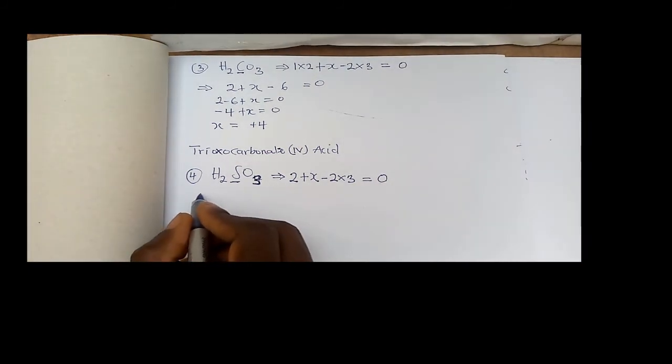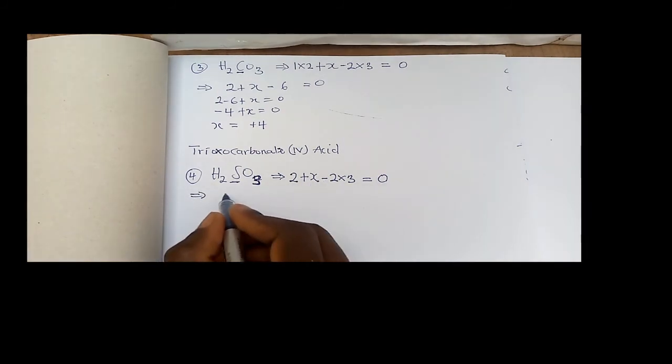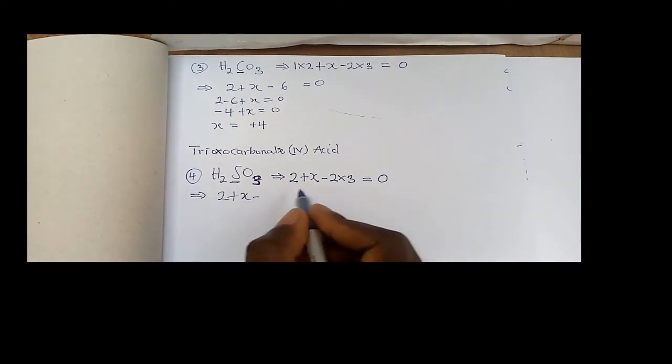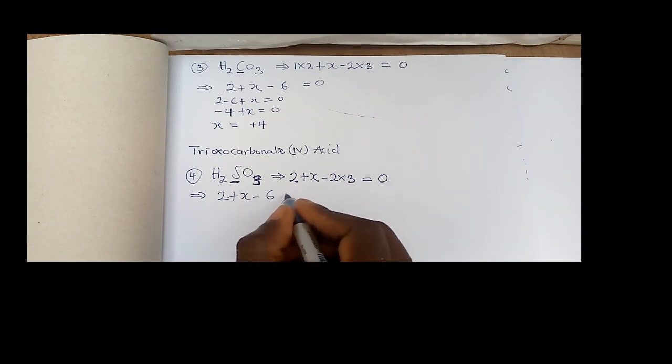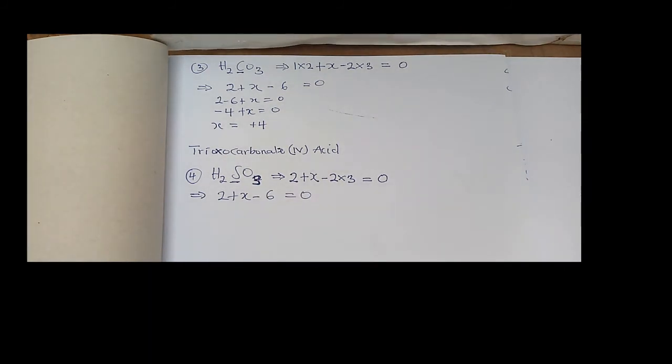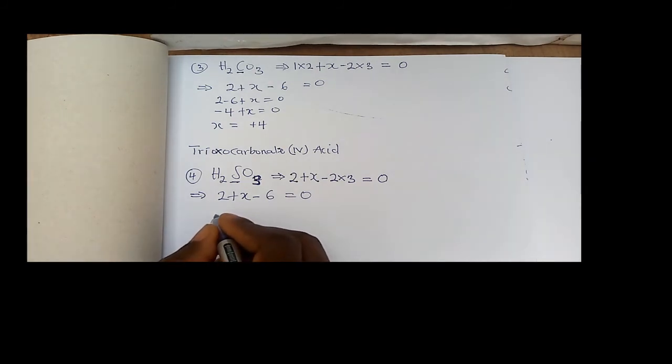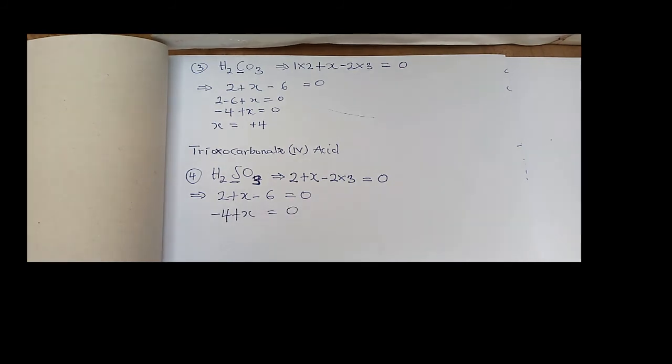We simplify this, and we have 2 plus x minus 2 times 3 gives us -6, is equal to 0, like this. So let's group like terms. +2 minus 6 will give us -4. So we have -4 plus x equal to 0. And then by grouping like terms, my x is now equal to +4, like this.